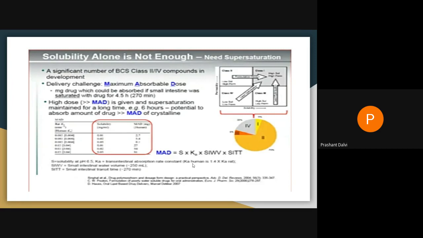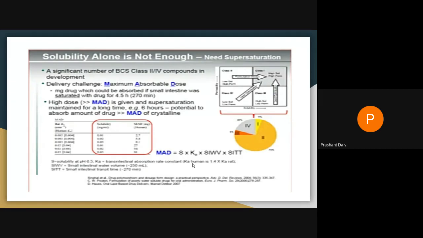Here you can see the solubility of some compounds along with their maximum absorbable dose. The equation is there, and using it you can find out the maximum absorbable dose of any newly discovered chemical moiety, any drug molecule. A drug present in the amorphous state will definitely show more absorption.